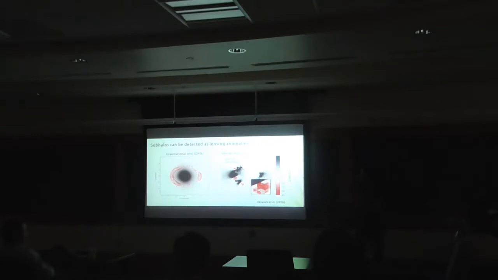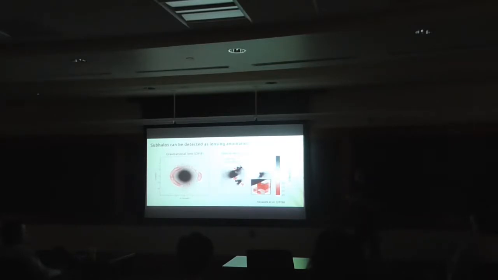And what they did was, since they see the lens model, try to model the distribution of the light of the lens galaxy. And it turned out that just a smooth model of the lens galaxy is not enough.